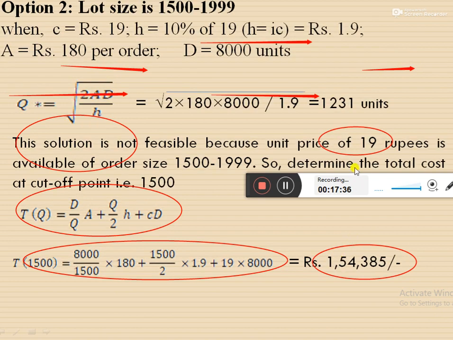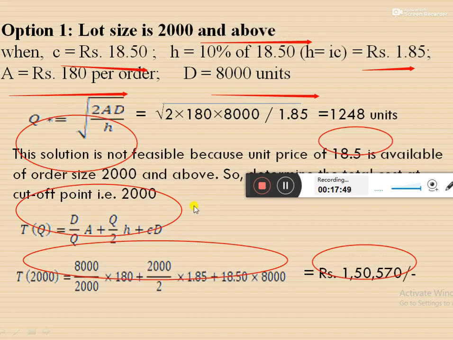In the previous case, the order size was equal to 1500 and the cost was smaller than this one, that is 1,54,385. And if the order size is equal to 2000 units, then the total cost is equal to 1,50,570. So there is a trend. If we increase the order size, we would get smaller total cost.